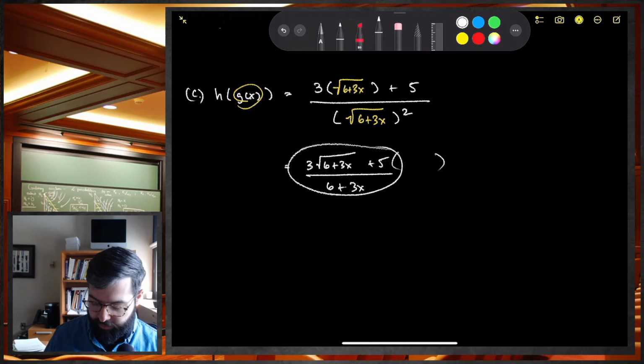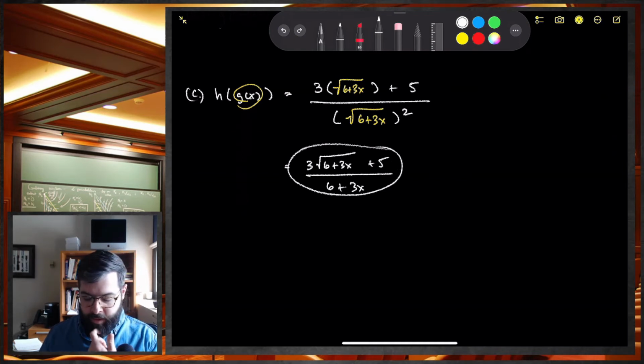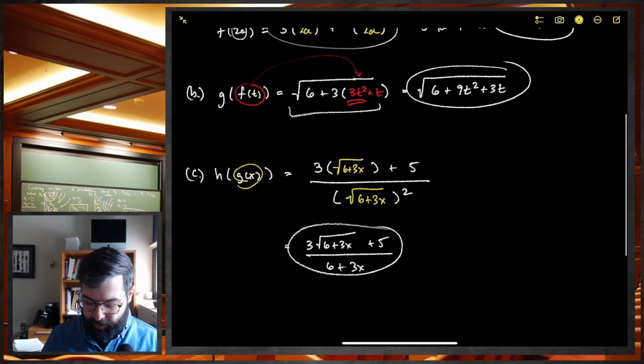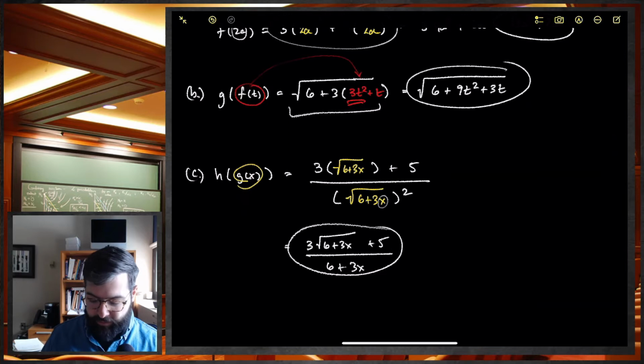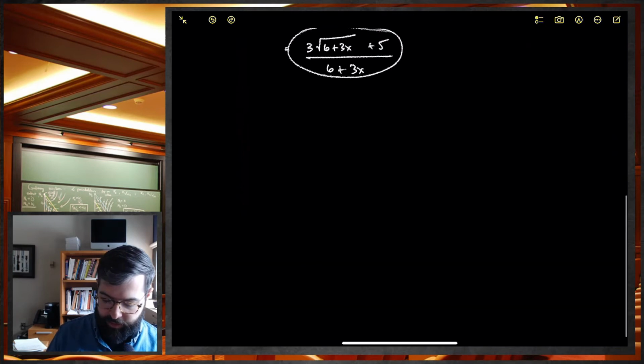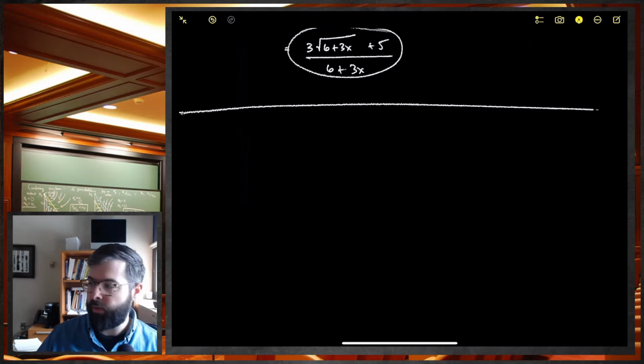Because this doesn't have a factor of 6 plus 3x in the top. So just leave that as is. And I also saw some copying errors, like x's being dropped and things like that. So just slow down, make sure you're taking your time to copy down the questions precisely. All right, so I hope that helps for number 1.